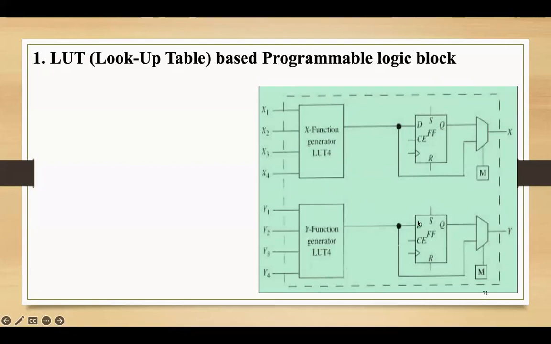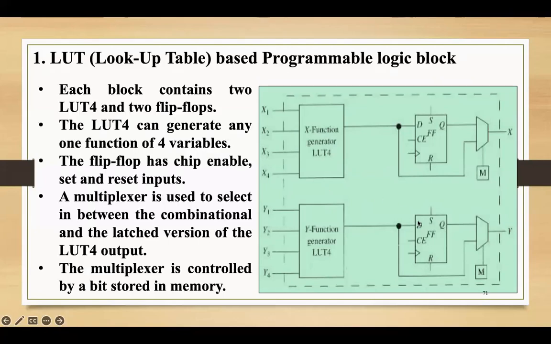Okay, fine. So each block contains 2 LUT4 and 2 flip-flops. So we have 2 function generators here and 2 flip-flops, and then obviously we need a mux to make selections between multiple inputs. A flip-flop has chip enable, set, and reset inputs. So either we can set it or we can reset it.